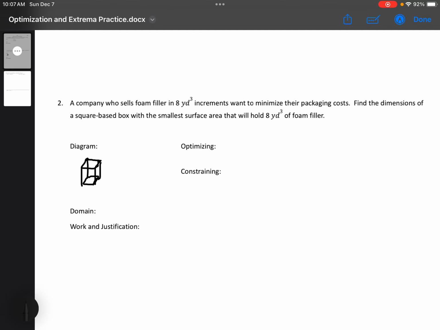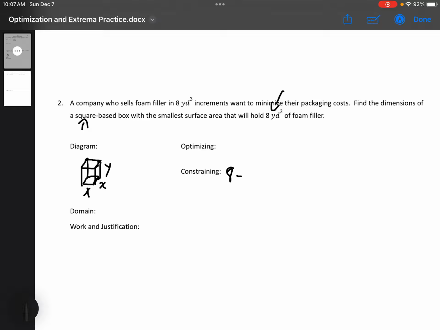Notice how it says a square base box. So the base, let's just call it the base side length x, and the height would be y. So now we need to find our two equations. Our constraining equation is what always has to be true. So we need our volume to be 8 yards cubed.